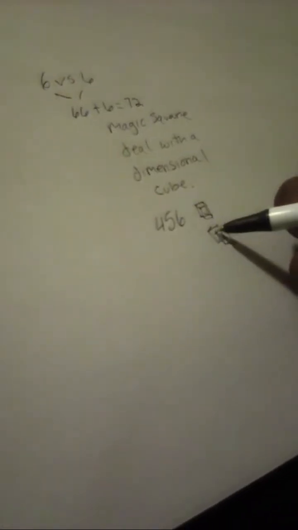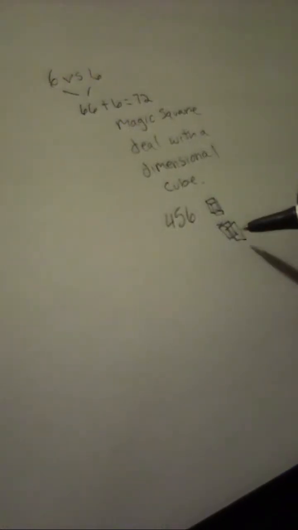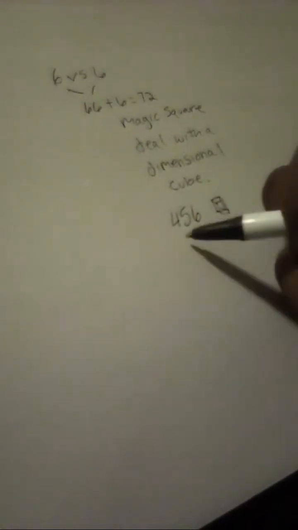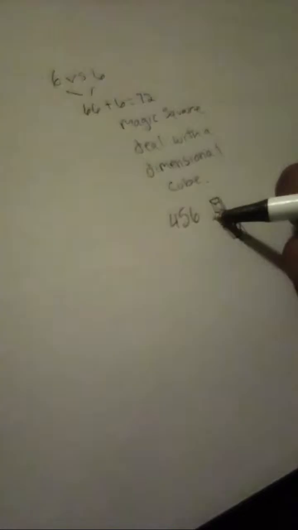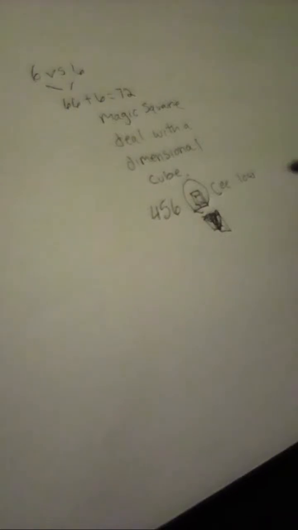So look, but when it connects, it makes this box, right? From these different points. 4, 5, 6, the light begins to break this. You feel me? But 4, 5, 6 represents the cube, the dimensional cube, dealing with C low, the game, the gambling game.